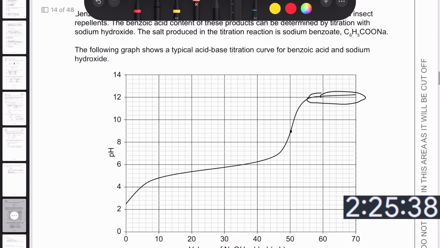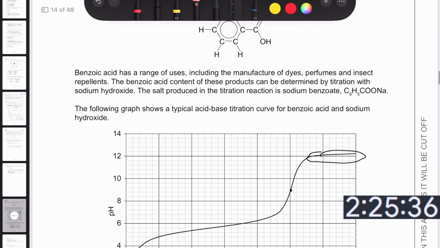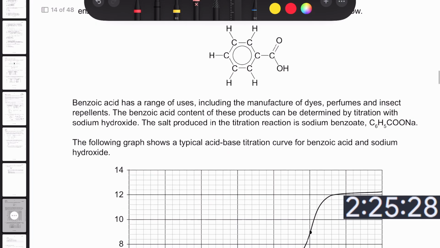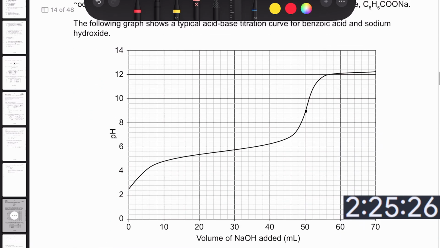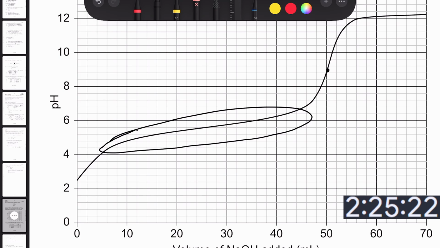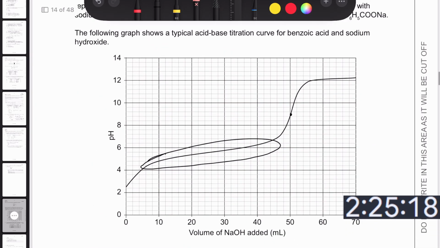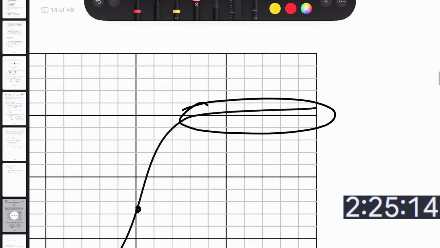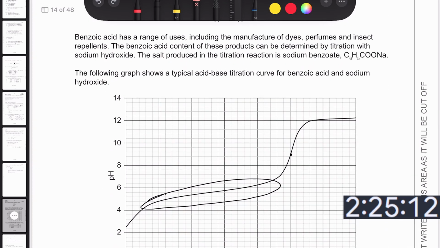Wait a minute. No, I don't think it'll be there. Volume of NaOH added. Okay, it's only moving slowly up here because it's already super basic. So I don't think that's why.